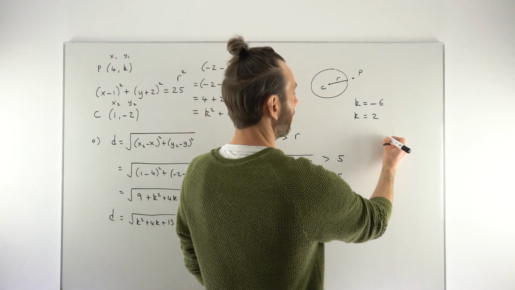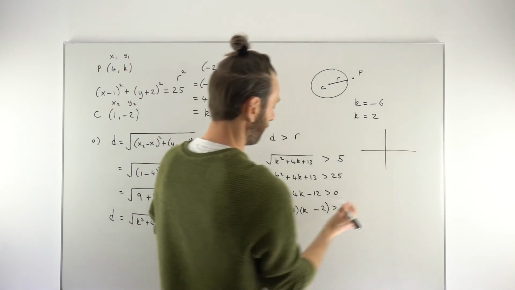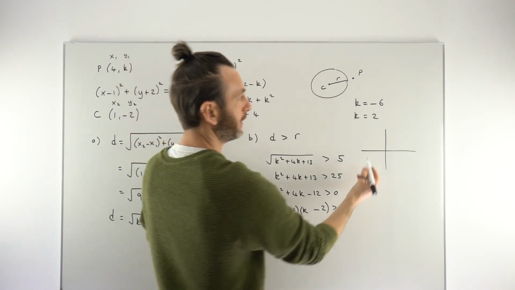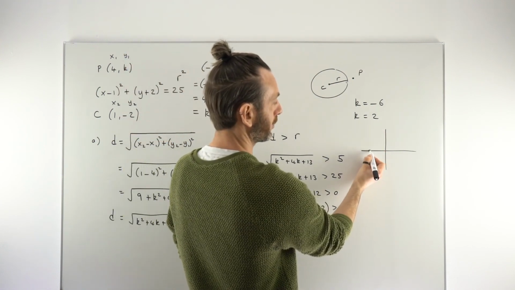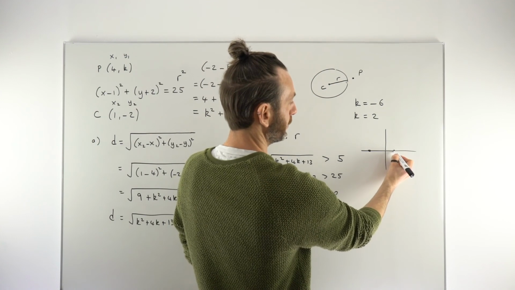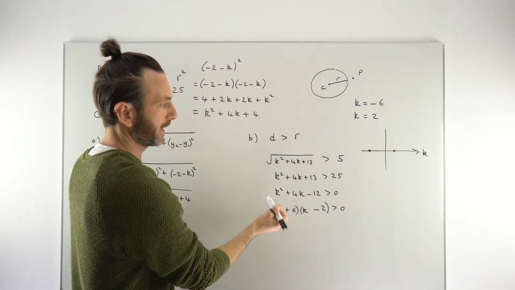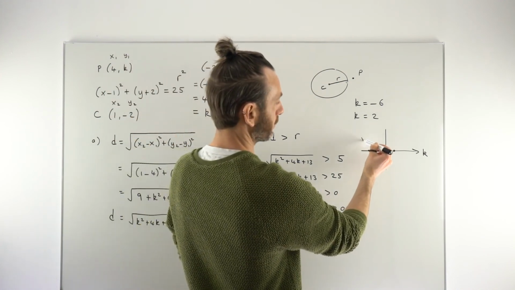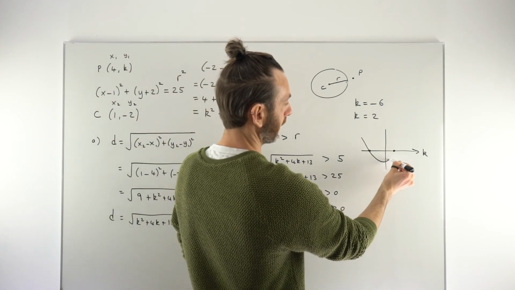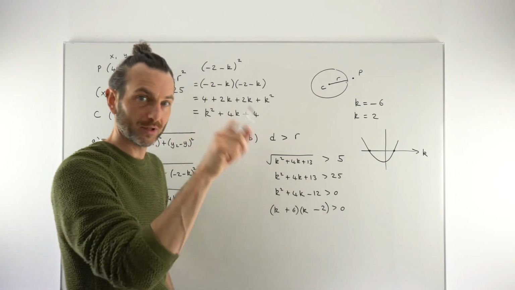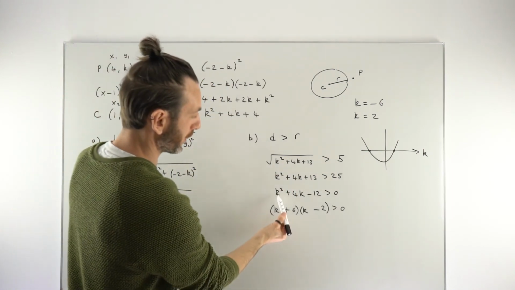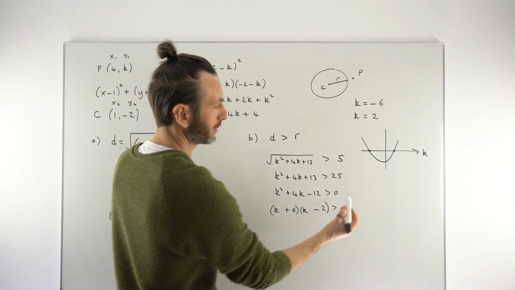So what you have to do then is remember that this basically makes a parabolic shaped graph. These are the roots of the graph. So if I mark on negative 6 there and positive 2, this is imagining this to be the k-axis. It's a positive k squared term, so that means the parabola would be shaped like a U rather than an upside down U. And we want to know where our quadratic is greater than 0.